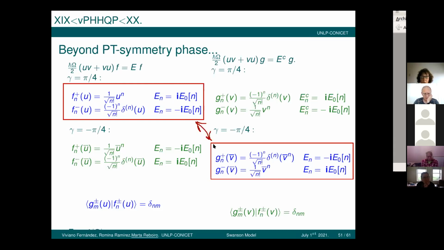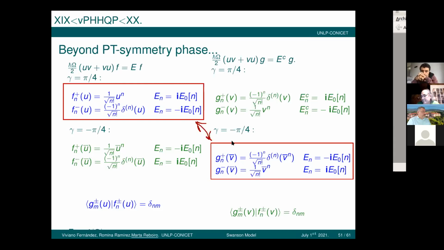So we construct the orthogonality as usual with the eigenfunction of the adjoint, and the eigenfunction of the value with minus y is orthogonal to the eigenfunction with plus y.